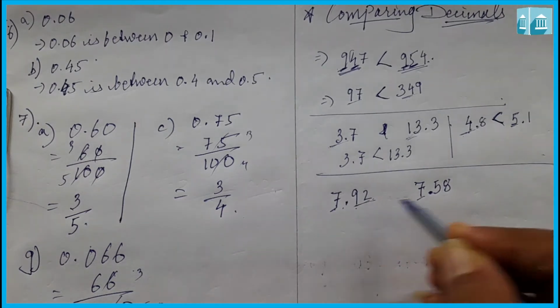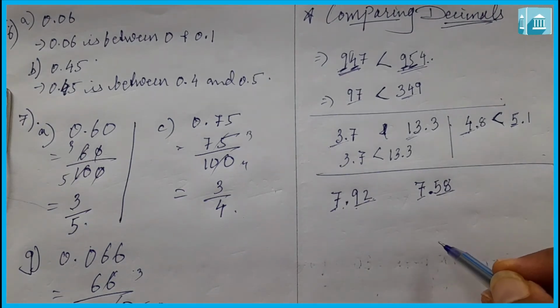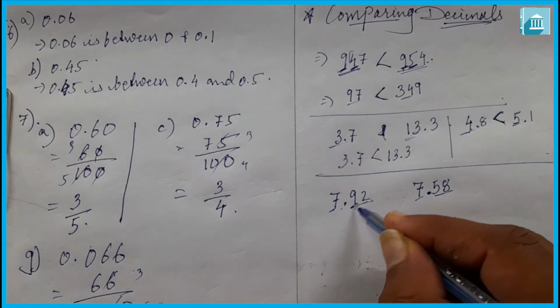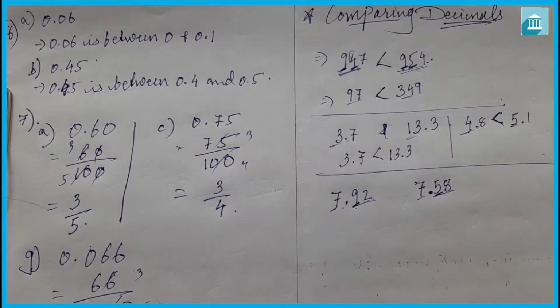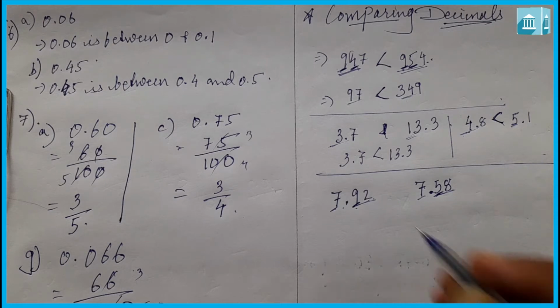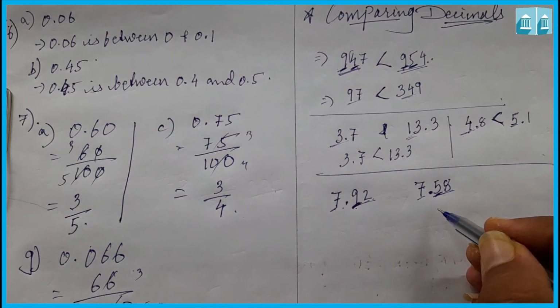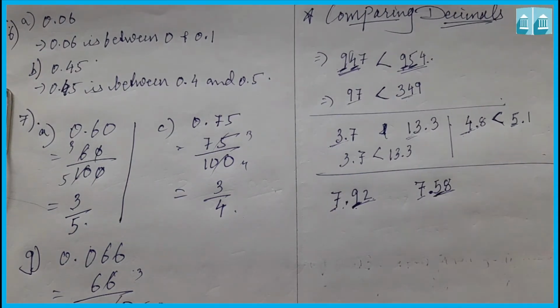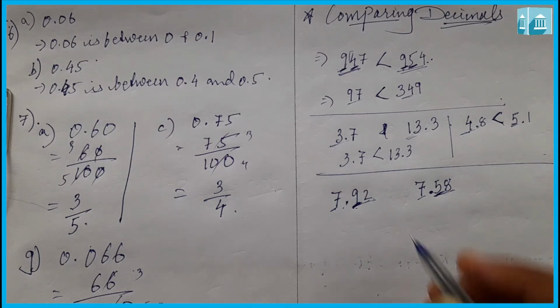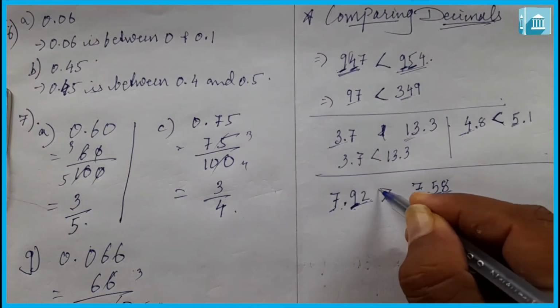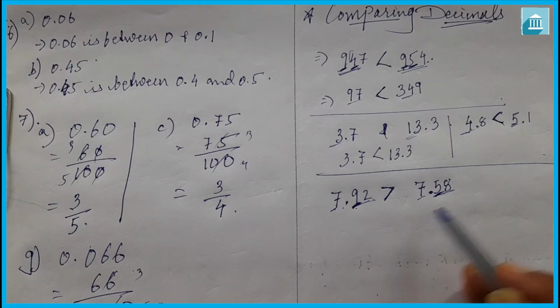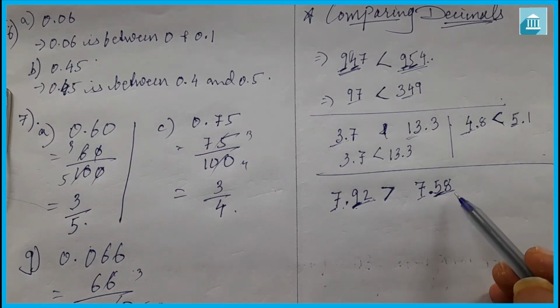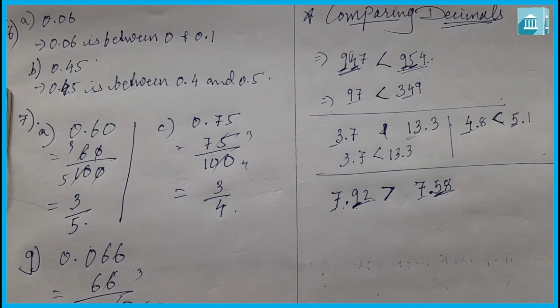There are 2 digits after the decimal point here, and also 2 digits here. Here 9, here 5. So we first see the first digit after the decimal point. Here it is 9, here it is 5. So we can say that 7.92 is greater than 7.58.